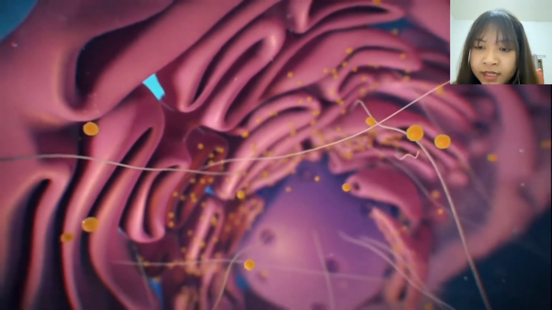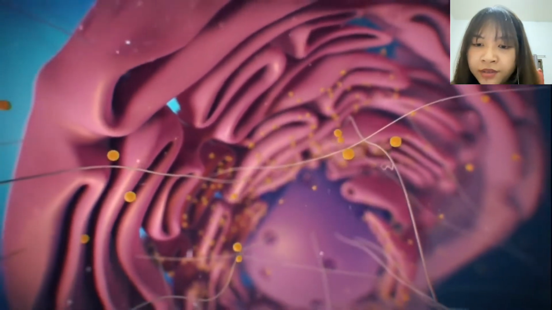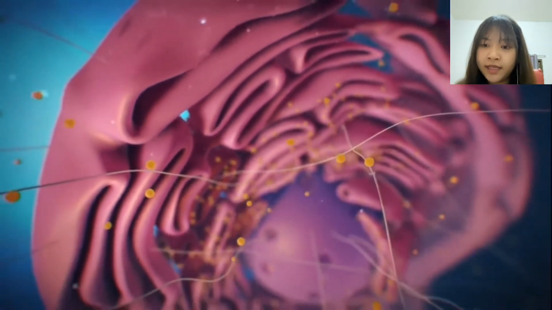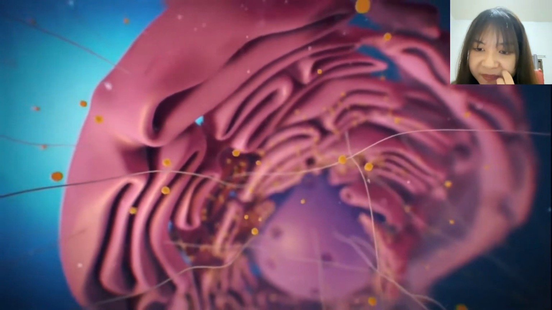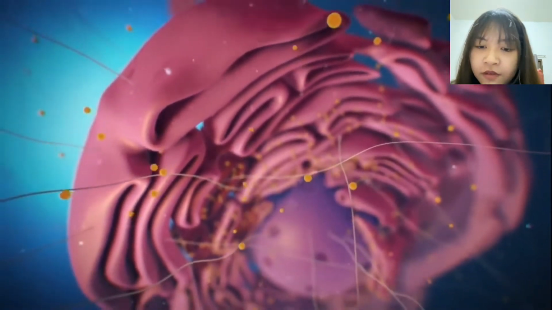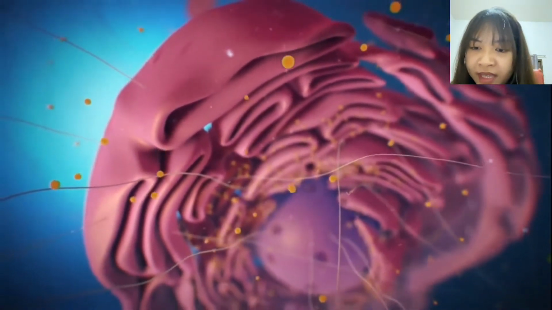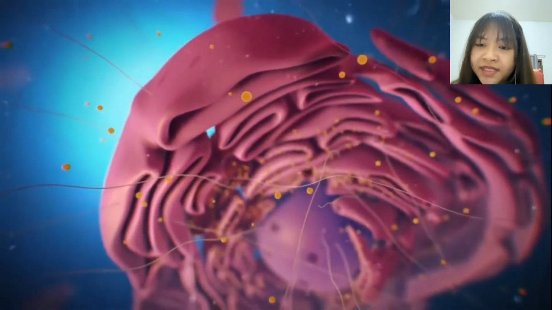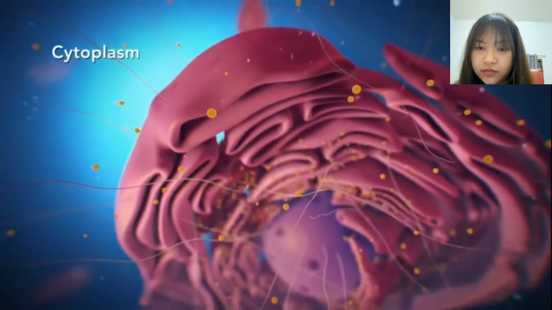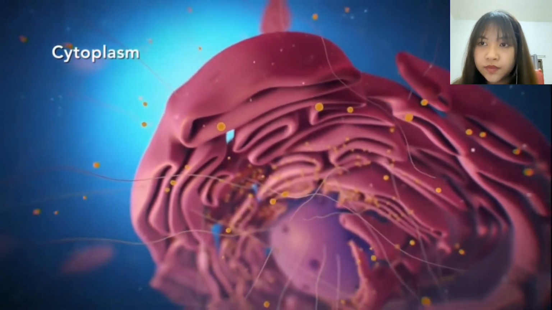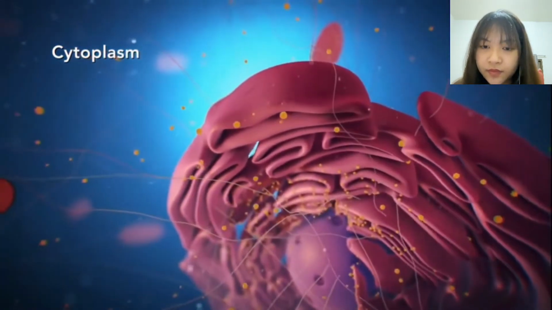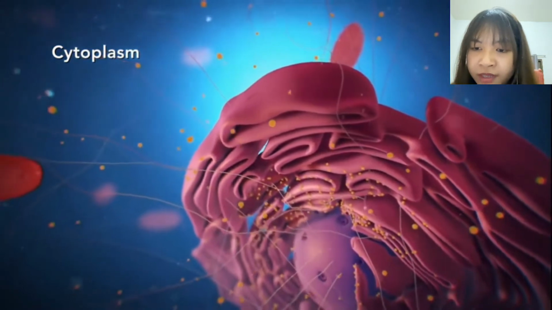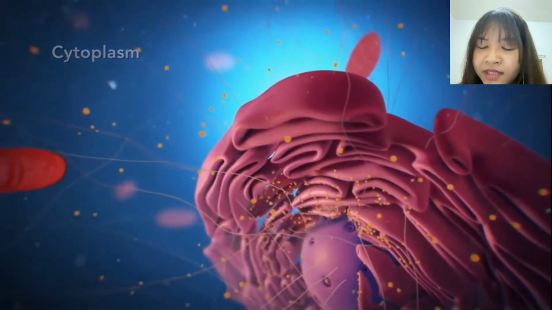Outside the nucleus, the ribosomes and the rest of the organelles float around in cytoplasm, which is a jelly-like substance.